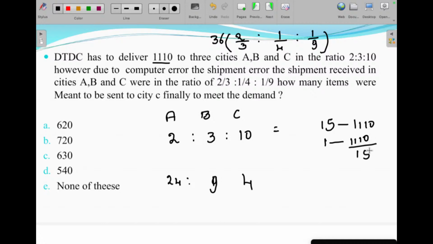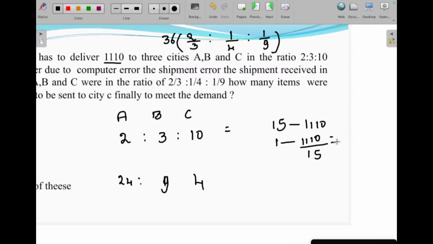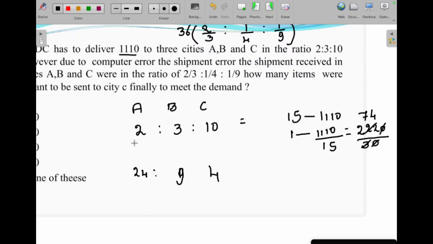If I solve that equation, you get 1110 divided by 15, which is 74, one part. Then 2 parts is equal to 74 into 2, which is 148. That is what I actually have to send to A.